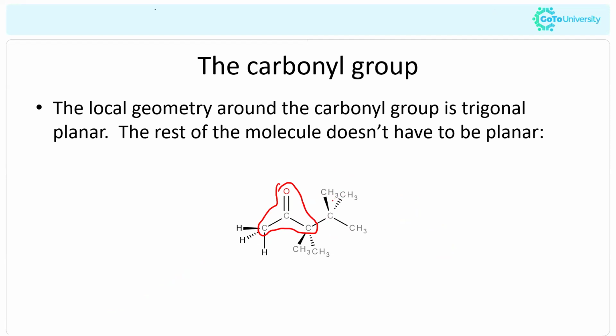So this is the structure of the carbonyl group, with trigonal planar geometry.